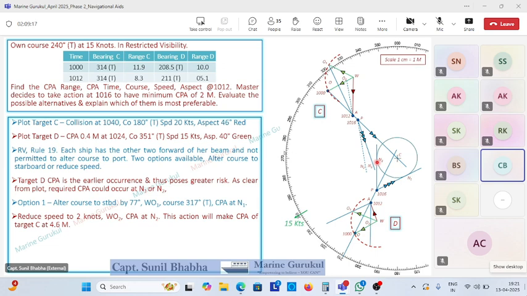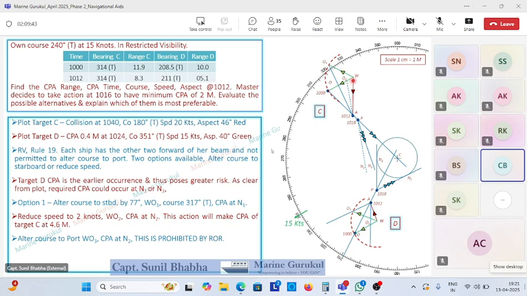Let us now check the effectiveness of the second option, that is reduction in speed for target Charlie. So let's do that. Our initial ownership vector was Whiskey to Oscar, WO. Now we modify the length of this vector as per our new speed of 2 knots. And this is modified now to WO2 here.